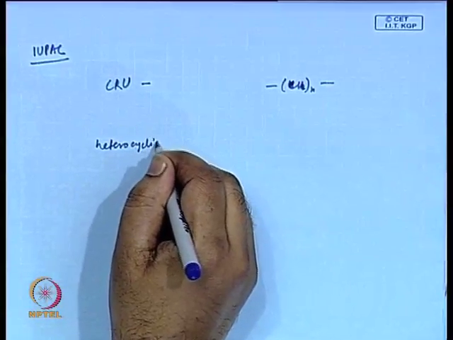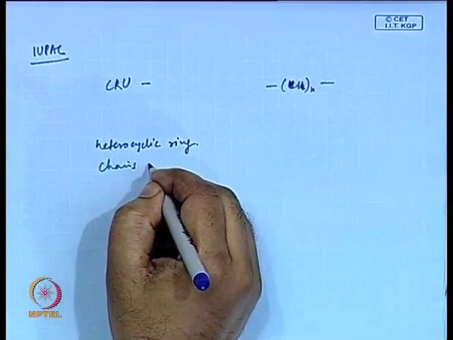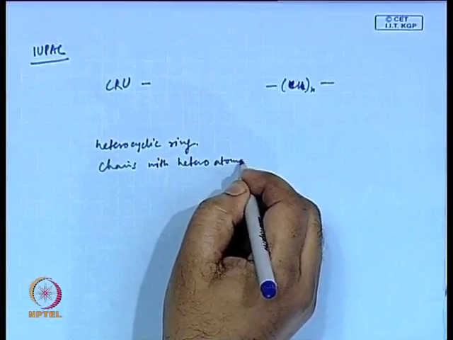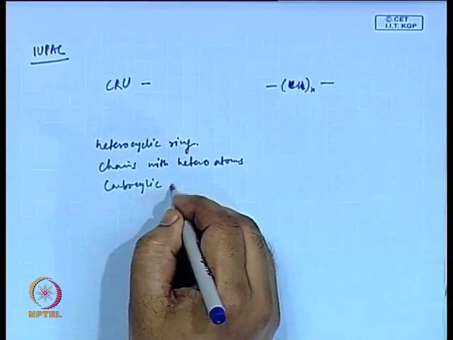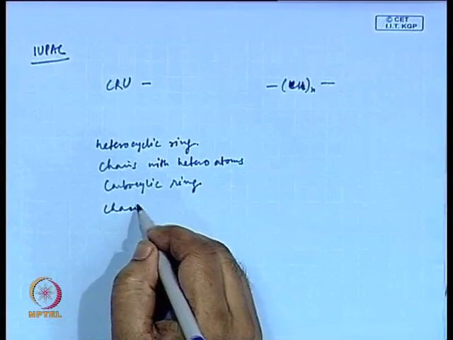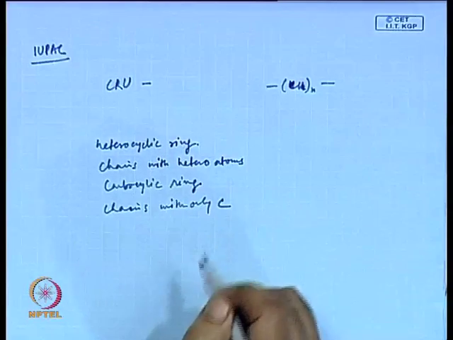heterocyclic ring, chains with heteroatom, carbocyclic ring, and chains with only carbon.